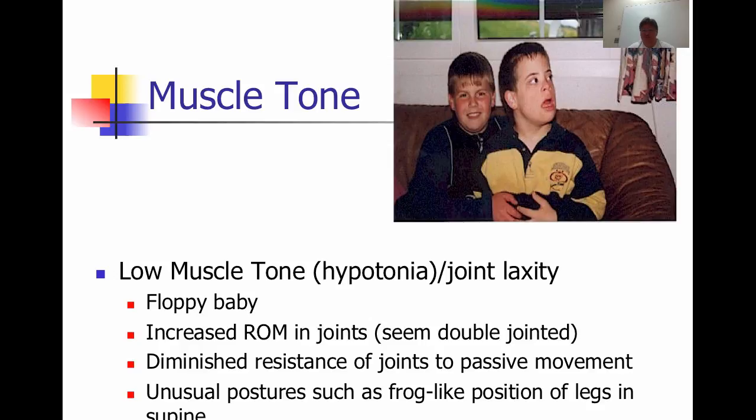We see an increased range of motion in joints and diminished resistance of joints to passive movement, and they're able to sit in or move into very unusual postures. And a lot of kids with Down syndrome quite enjoy showing you these different stretches and postures that they can maneuver into because of this increased range of motion.